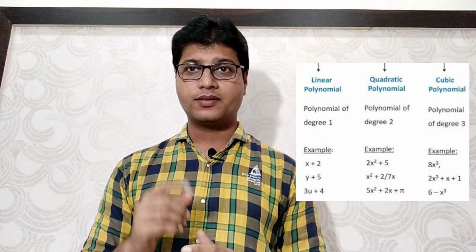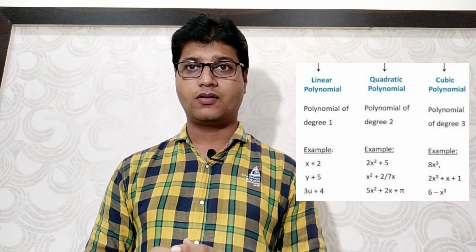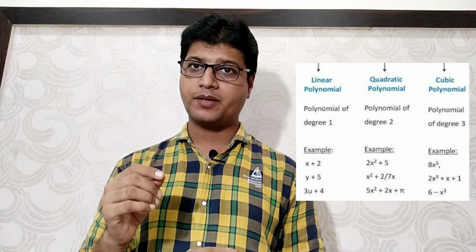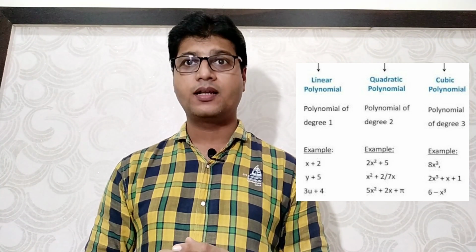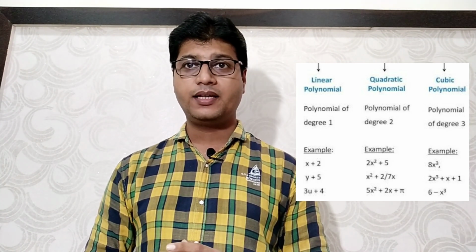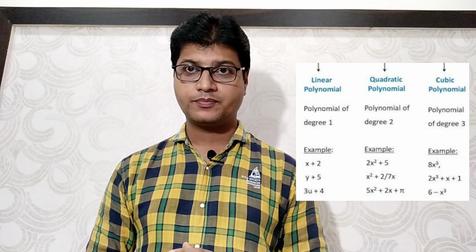Let's see the next term, that is how polynomials are distinguished based upon the degree. If the degree of a polynomial is 1, the highest power of the variable is 1, it is called a linear polynomial.